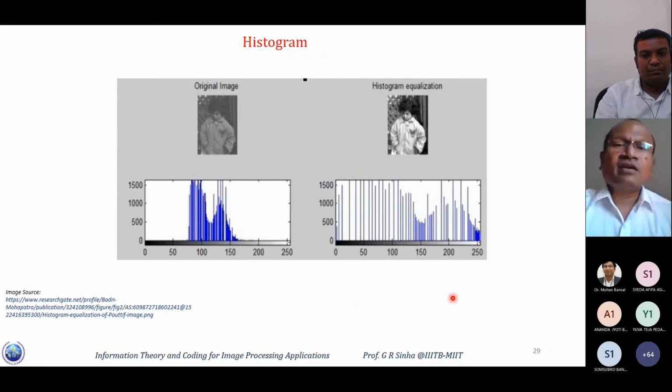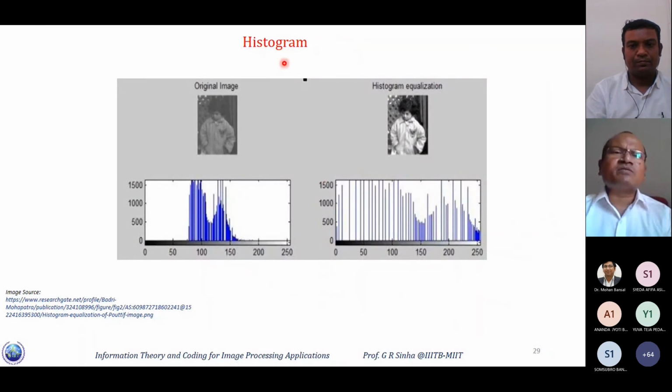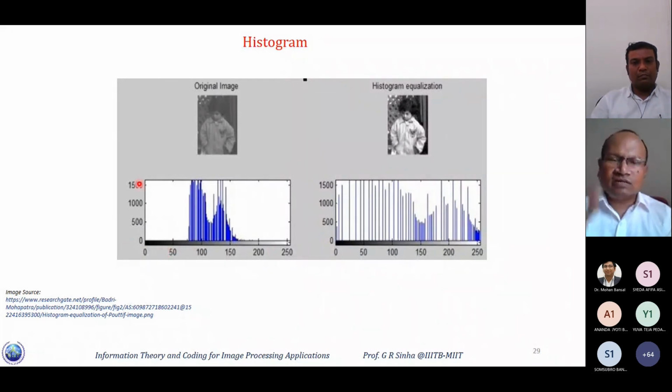As you look at that, when you slightly change the image, this is one example where the histogram is being explained. Histogram is nothing but a bar diagram that tells you the intensity distribution. You see here, these are the intensity values, brightness values, and the y-axis represents frequency. How many similar pixels are there?